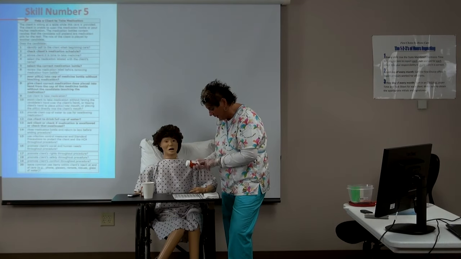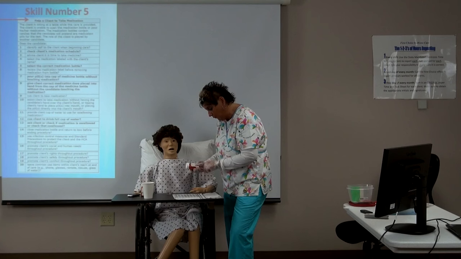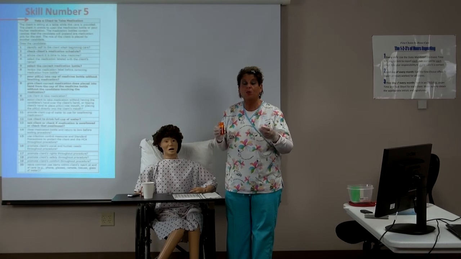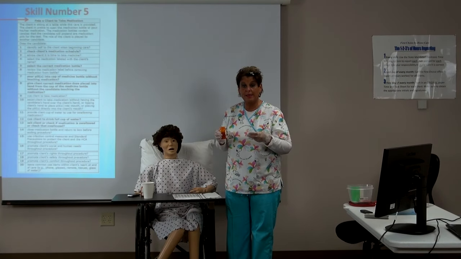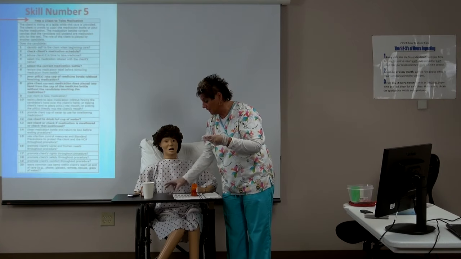Jane Bubba. And your birthday is September 15th of 1951. And it says 2 tablets in the morning by mouth for hypertension. Okay. So now you've verified that once again with your 5 rights. So you'll take 2 of these and put them in her cup.